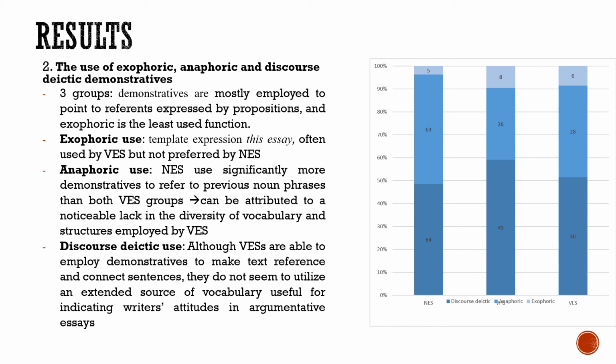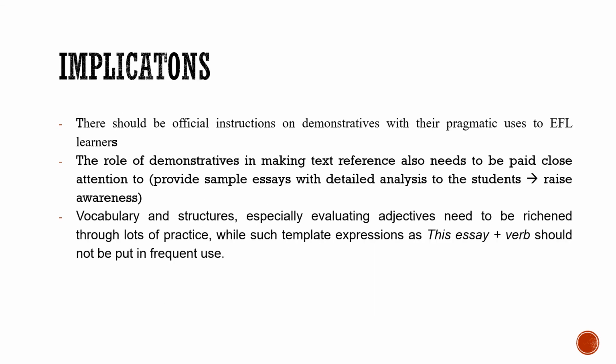For discourse deictic use of demonstratives, although Vietnamese English speakers are able to employ demonstratives to make text reference and connect sentences, they do not seem to utilize an extended source of vocabulary useful for indicating writers' attitudes in argumentative essays. Those are the results that I found from my study.